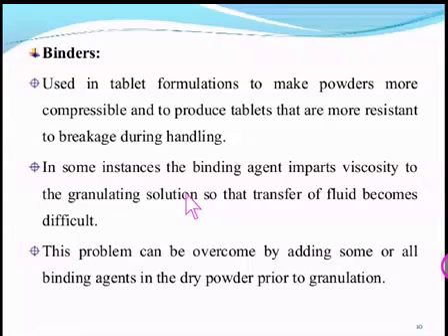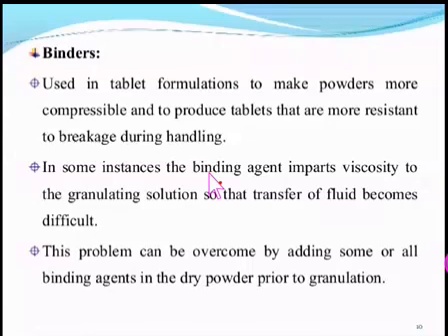When we are using binders at small scale or laboratory scale, there will be no problem as such. But when a large quantity of binder is required in large scale operations, since binders are quite viscous, the granulation solution made up of binder, if produced at a large scale, will be difficult to transfer.